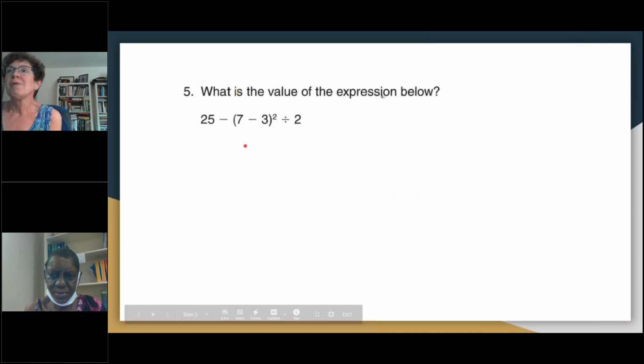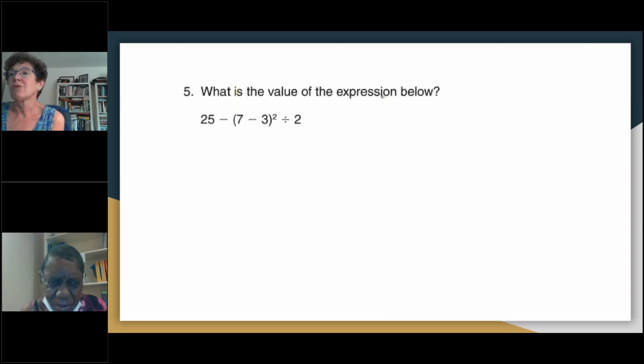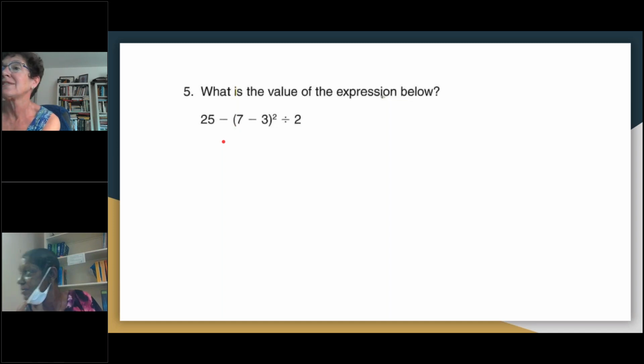So when we have a string of numbers like this, we need to think about what order we do the different operations in. Do we start with addition, subtraction, multiplication, division? We have agreed on how we're going to do all these things, because if we don't do them the same way, we'll get different answers.